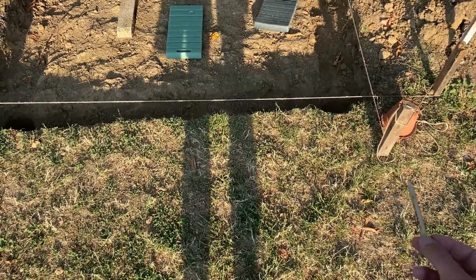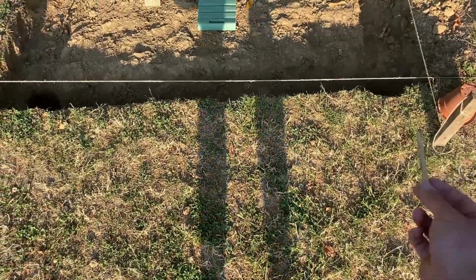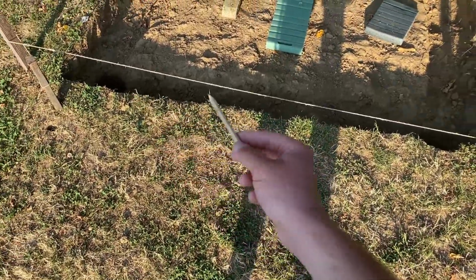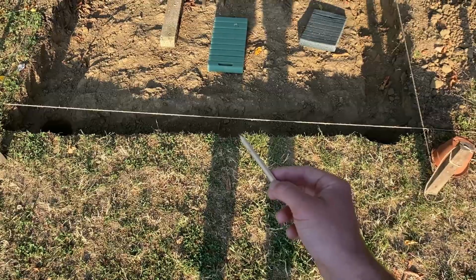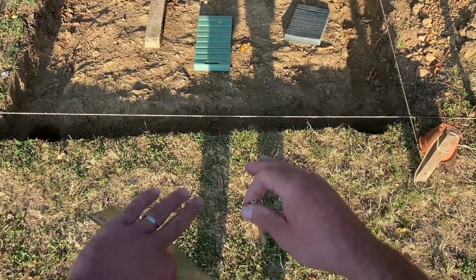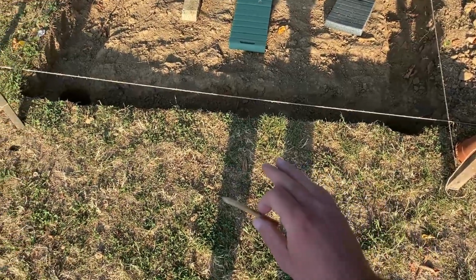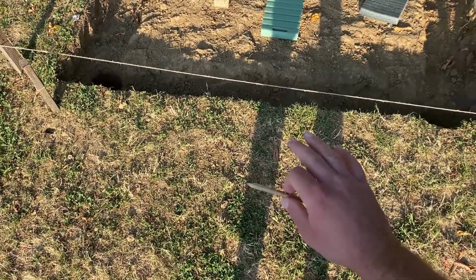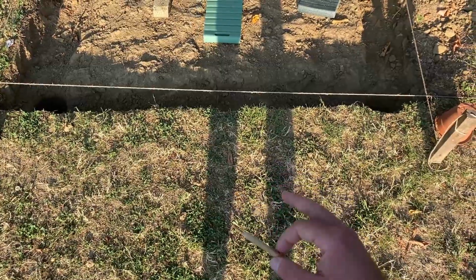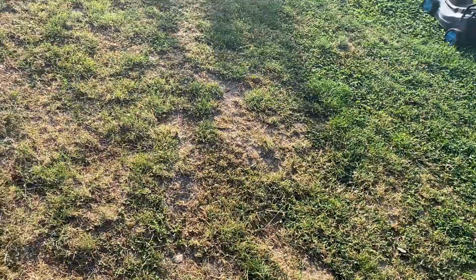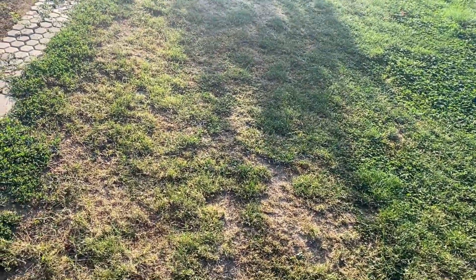So let's talk about how I determined my foundation lines. First of all, I set this line, which will be a garage entrance. There will be double doors. I determined it based on the entrance to my yard.